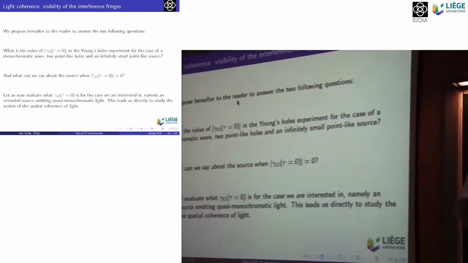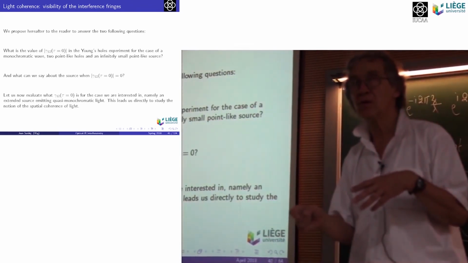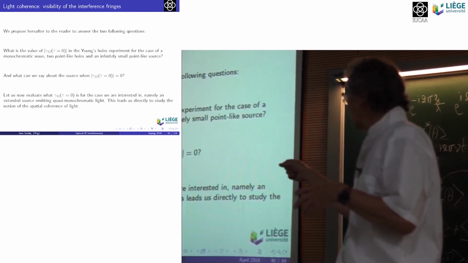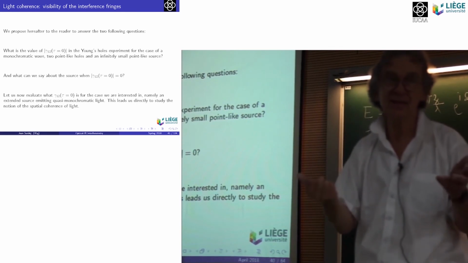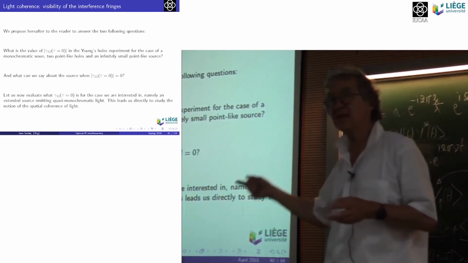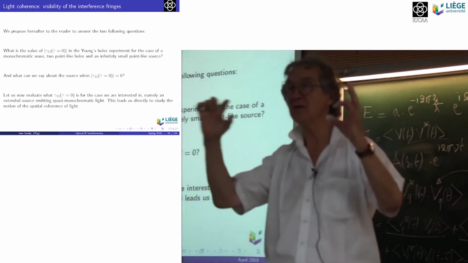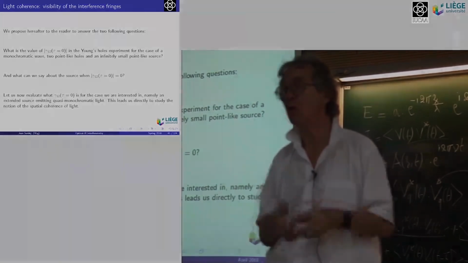Light is not monochromatic, it's quasi-monochromatic. Now, what we are relaxing now is the fact that the source is not point-like, it will be extended. And next, and this will be next week, we will assume finite dimension for the apertures in the Young's holes experiment.